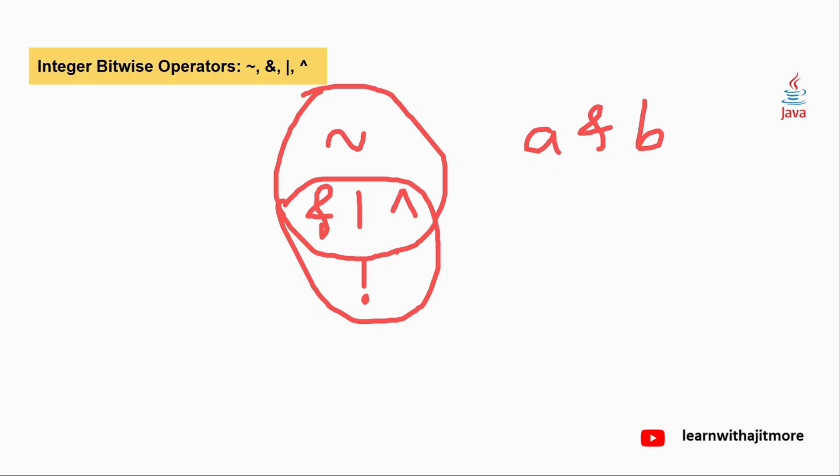Okay? So, what is the speciality of these three operators which I've put common over here? Can anyone tell me their speciality in one line? They can be operated on both Boolean and integers. If they are operated on Boolean, it will be called Boolean logical, discussed yesterday.